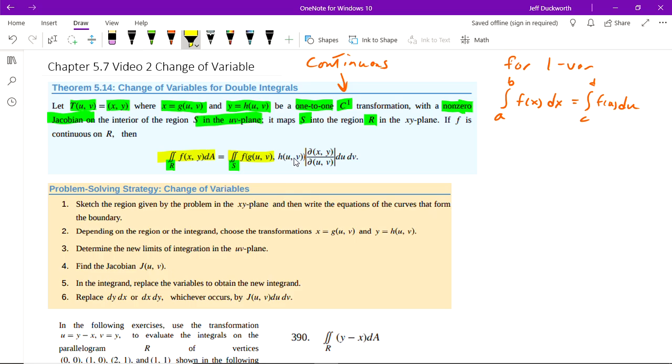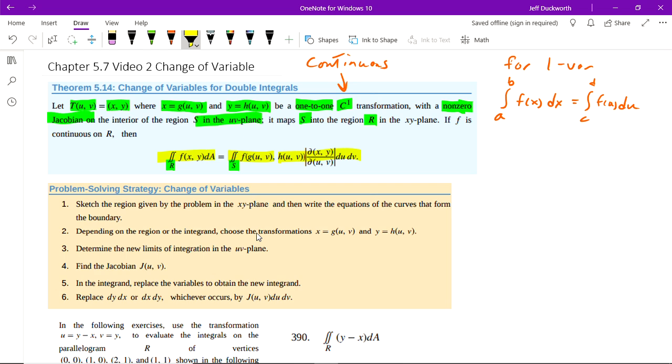And we're going to note that we're going to be multiplying our function by the absolute value of the Jacobian. What's inside the absolute value is the notation for the Jacobian, which also looks like absolute values when it comes up, but really it's a determinant. Then we're going to take that with du dv.